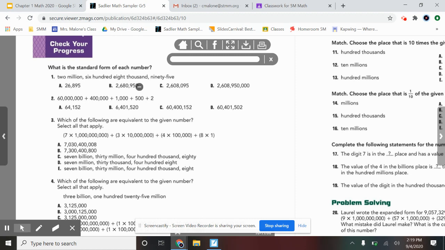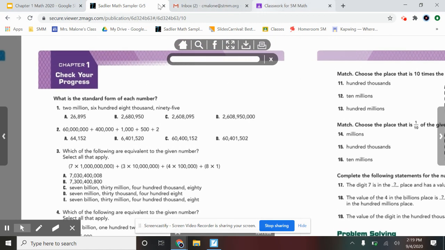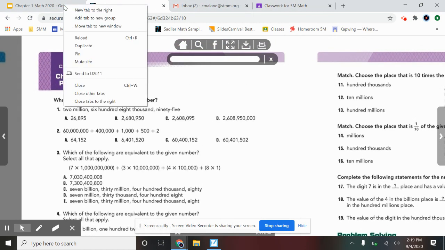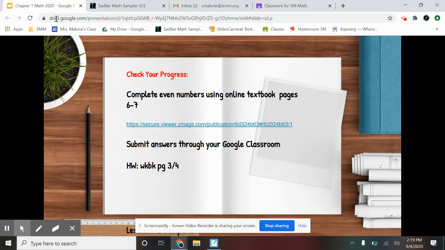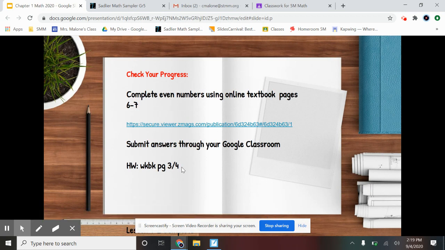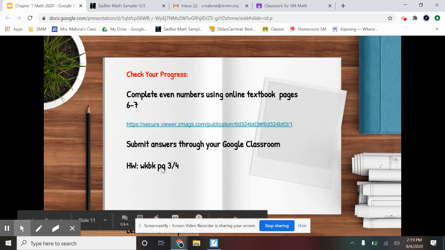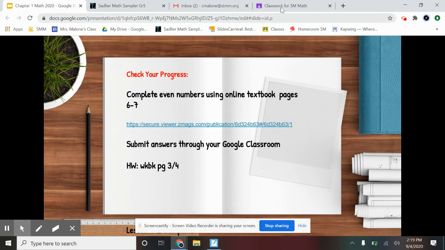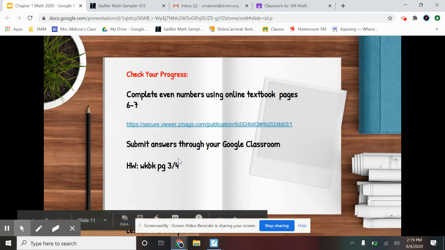Now the other classes, take a second and look. The other classes needed to do workbook page 3 and 4. But because we started late because we had a birthday, I'm going to eliminate that and not make you do that. Thank you. Okay? So you just got us out of homework. You don't have to do this one.